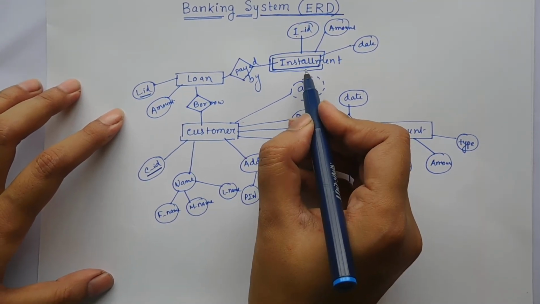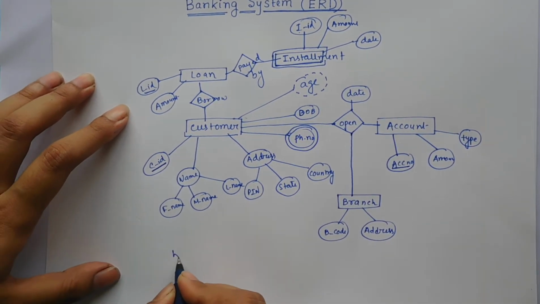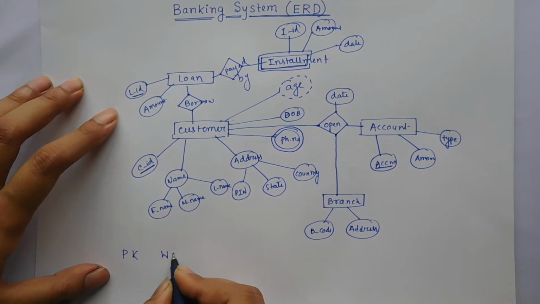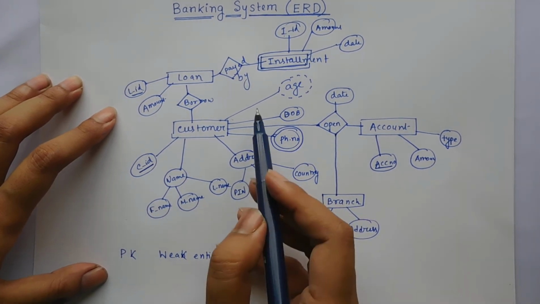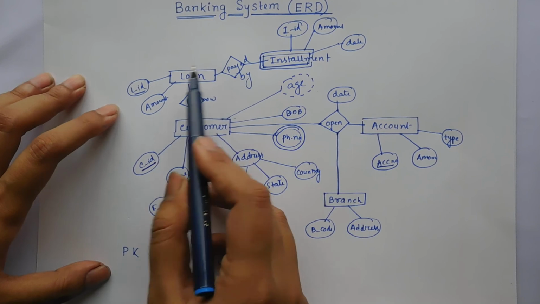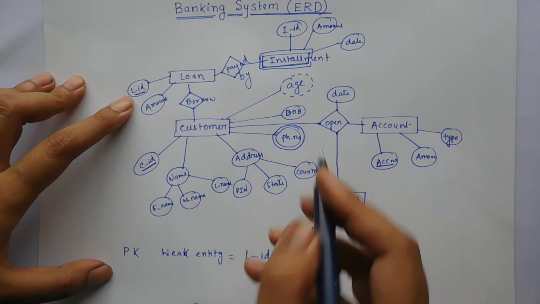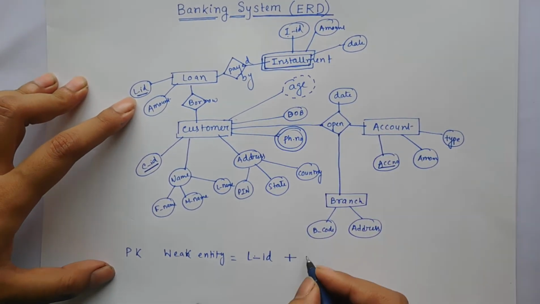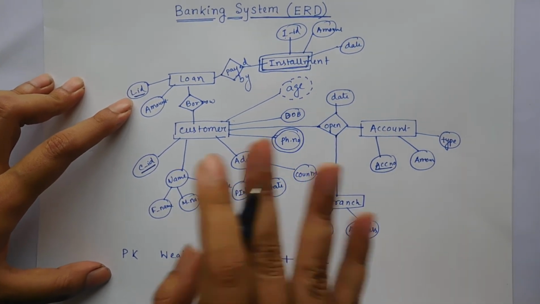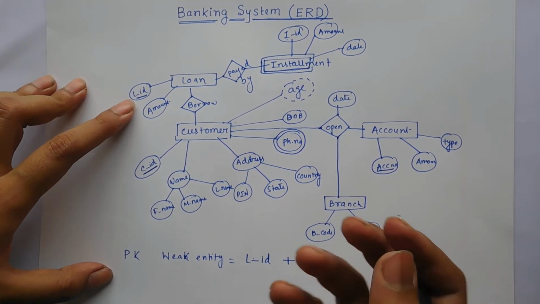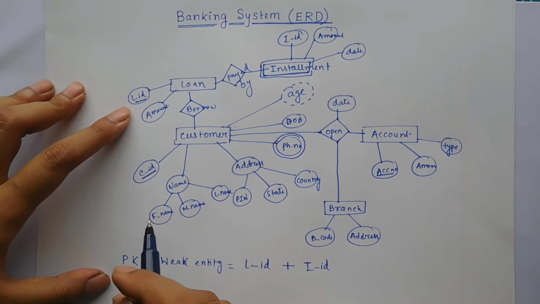Now to find the primary key of installment, we say that the primary key of the weak entity equals the primary key of the strong entity it is associated with, that means loan ID, plus the partial key of the weak entity, so installment ID. By using loan ID and installment ID, we can identify the attributes uniquely.